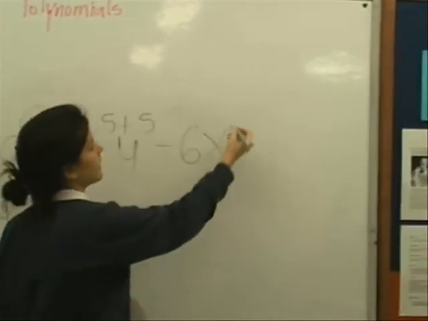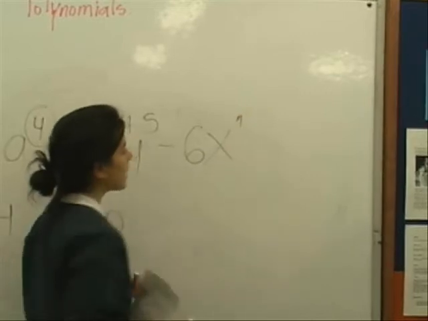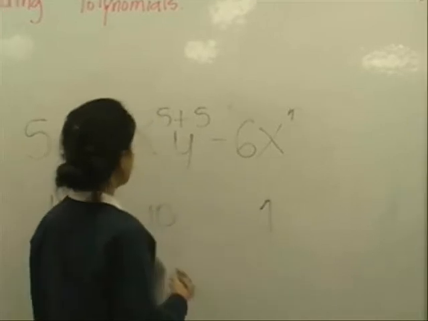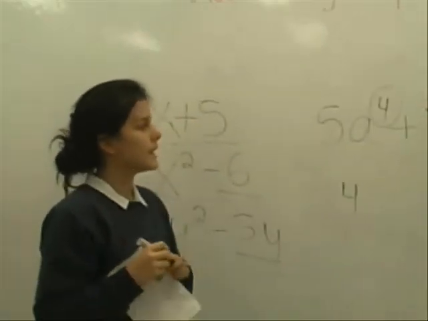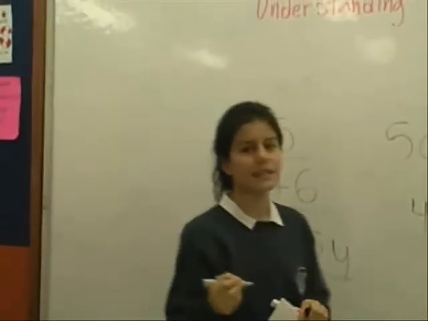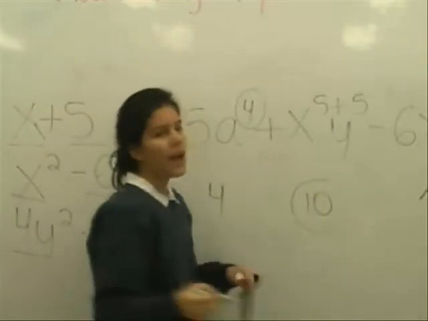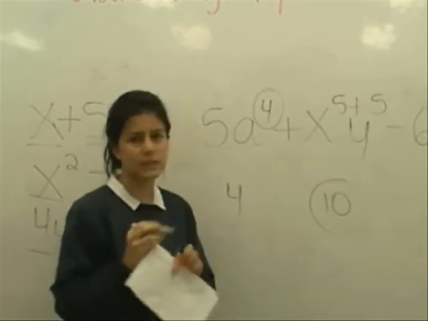And here the exponent of this variable is 1, so the degree of this term is 1. So we say that the degree of this polynomial is 10 because it's the highest degree of one of its terms.